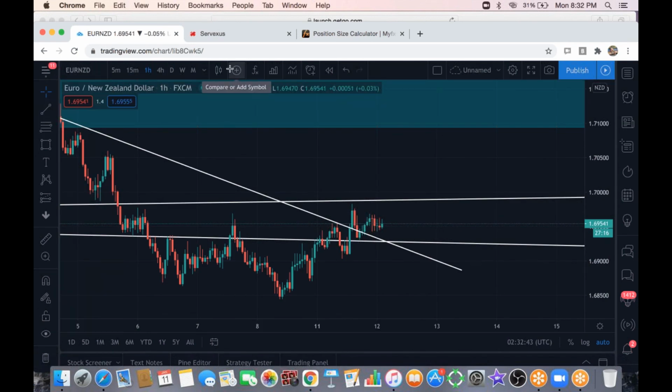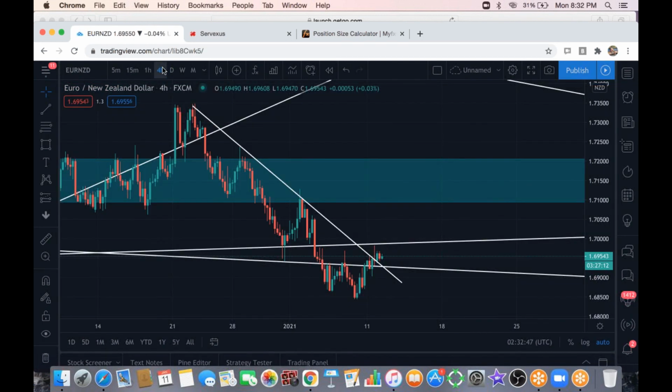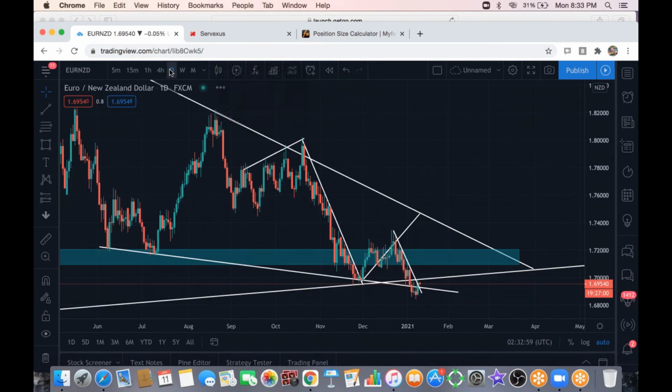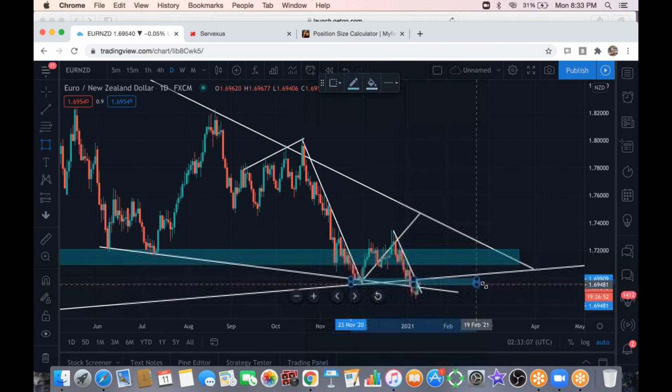I'm not really gonna draw too much support there. It's at a good little level. It's also a little off the 4 hour, trying to go up. I would say this zone is gonna be key to watch.